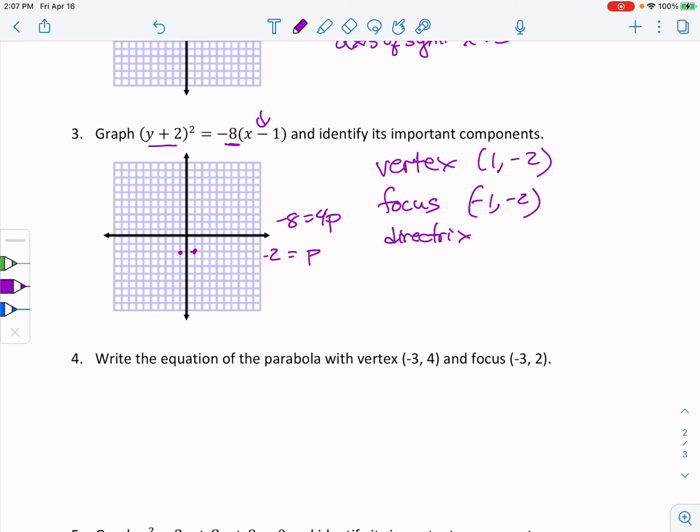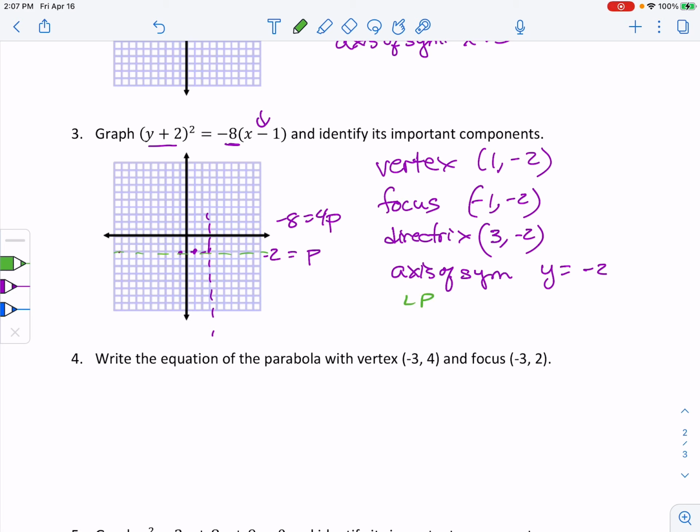So this time the x value is changing. And my directrix is over here. So 1 plus 2 gets me to 3. Okay, my axis of symmetry is y equals negative 2. Just going this way.